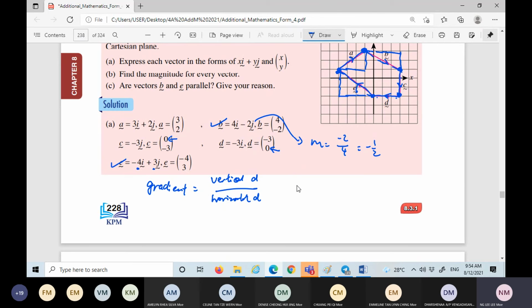Okay, how about E? The gradient for E is 3/-4, so it's -3/4. Cannot simplify. E is this way. Going up this way, coming down this way.